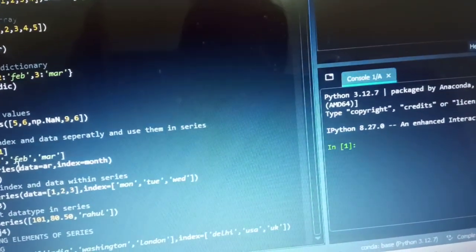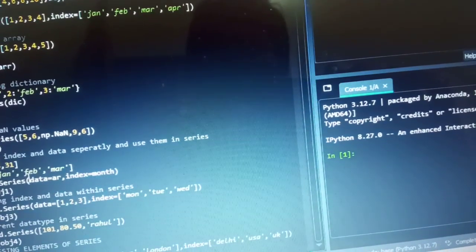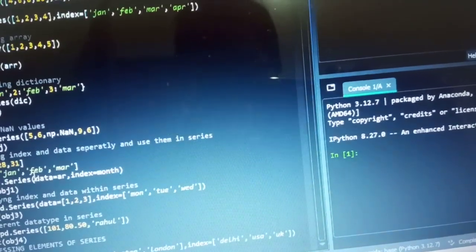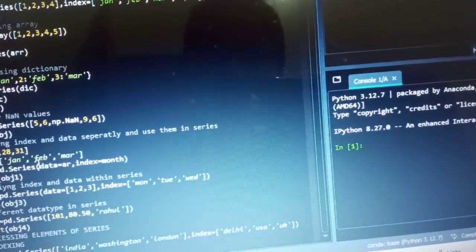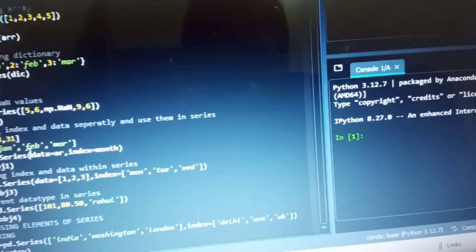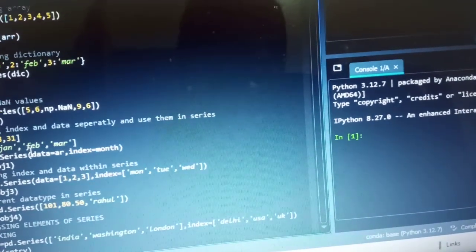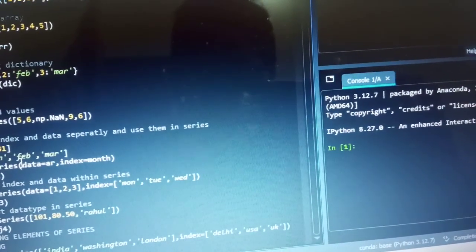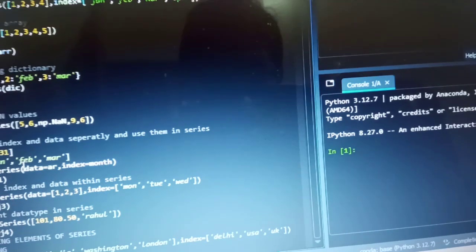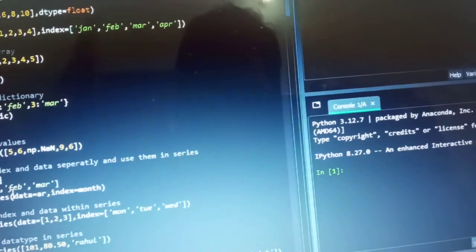And the double forward slash is floor division. That floor division is also known as the integer division, and it gives the quotient as a result. It returns only the integer value and does not show the decimal part. That is the most important part of the floor division.